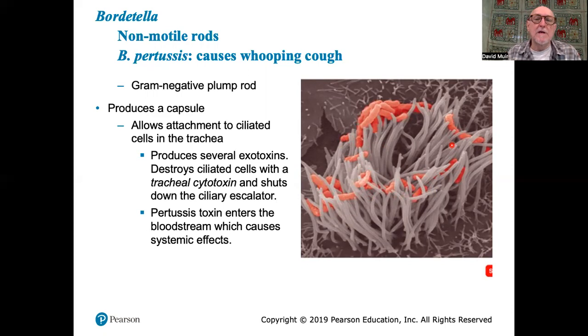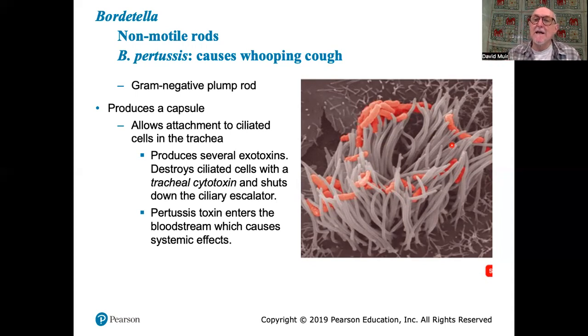And in doing so, it produces an exotoxin. Actually, it produces quite a lot of exotoxins, but the main ones first of all destroy the cilia on the cells of the respiratory tract, and then also begin to kill off the cells themselves.